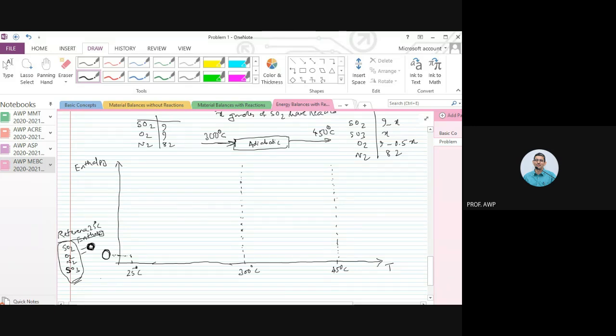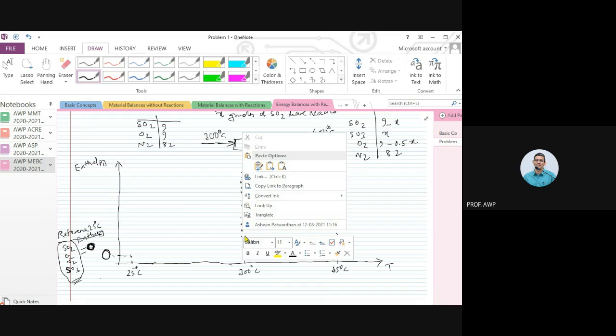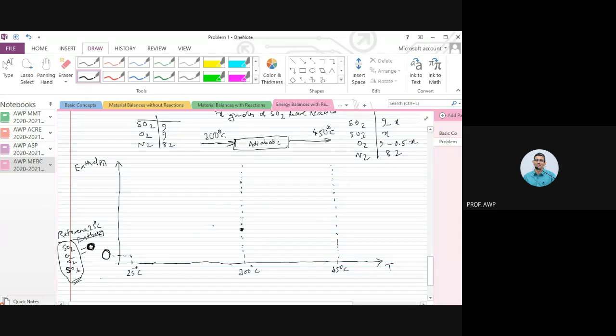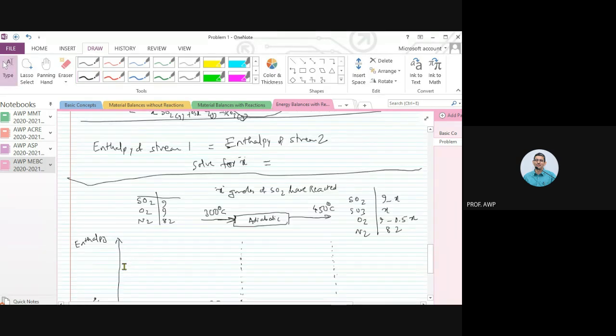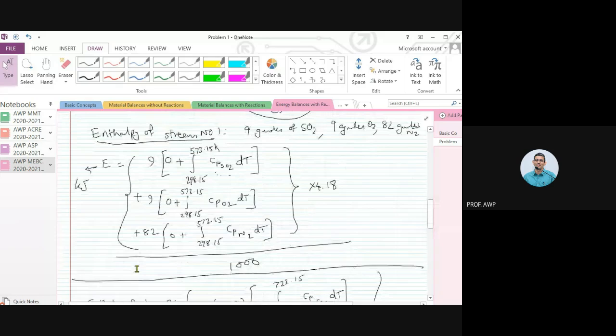So, in this reactor, SO2, oxygen, nitrogen are entering. They are entering at 300 degrees centigrade, and they would have a certain enthalpy at 300 degrees centigrade with respect to the enthalpy at 25 degrees centigrade, which is what Atharva has already calculated for us.